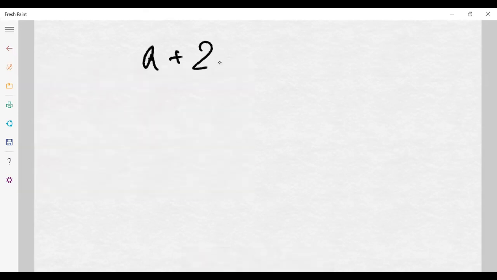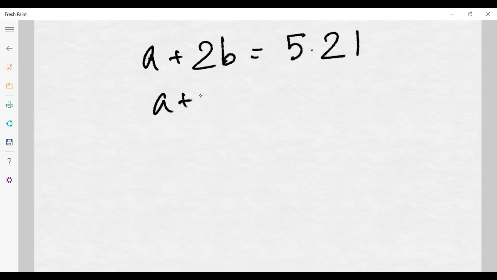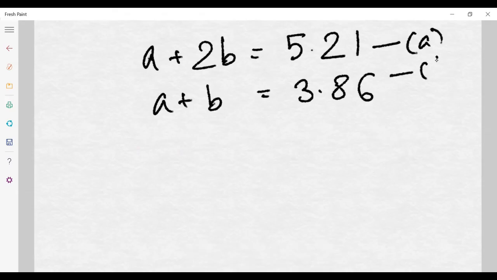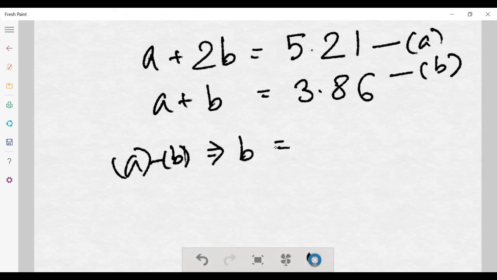So A plus twice B is equal to 5.21, and A plus B is equal to 3.86. Subtracting, B equals 5.21 minus 3.86, which becomes 1.35.